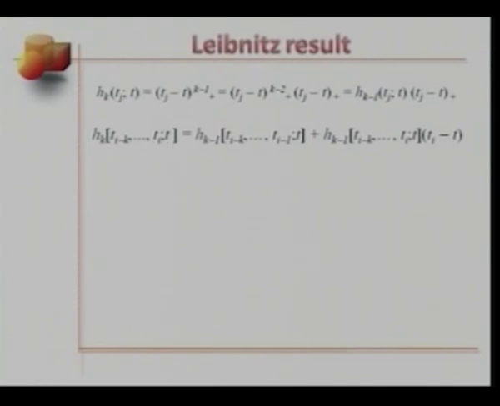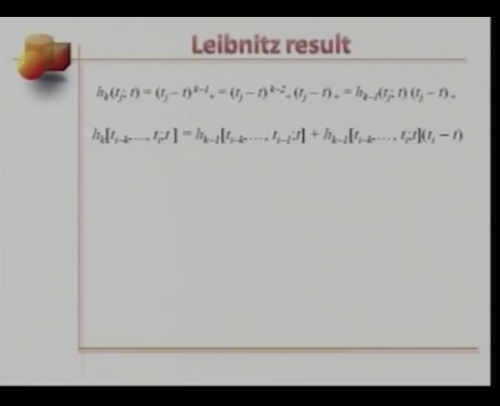And this would be equal to h of k minus 1 within parenthesis ti minus k, ti minus k plus 1 up till ti minus 1 colon t plus h of k minus 1 ti minus k, ti minus k plus 1 up till ti colon t times ti minus t, which is a regular linear polynomial.